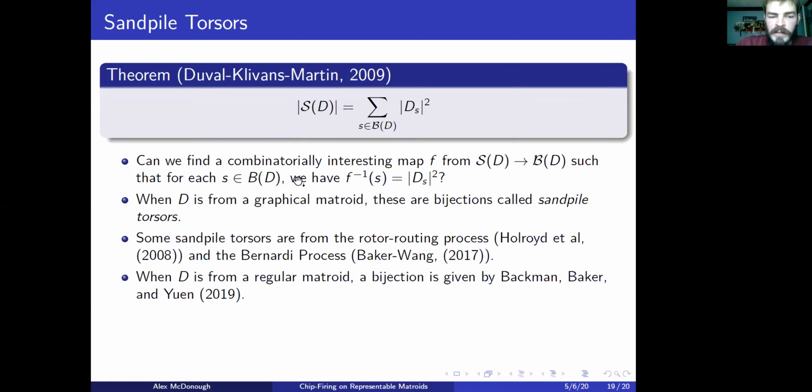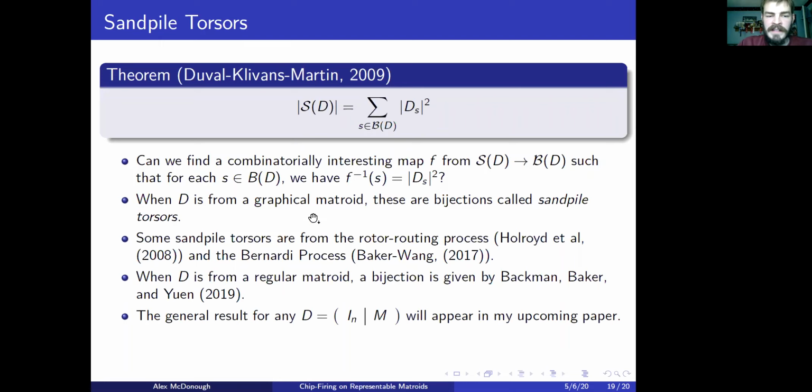And then when D is a regular matroid, then we again have a bijection because each of these is going to be 1. And this was given by Backman, Baker, and Yuen. More recently, a bijection between the bases and the sandpile group here.